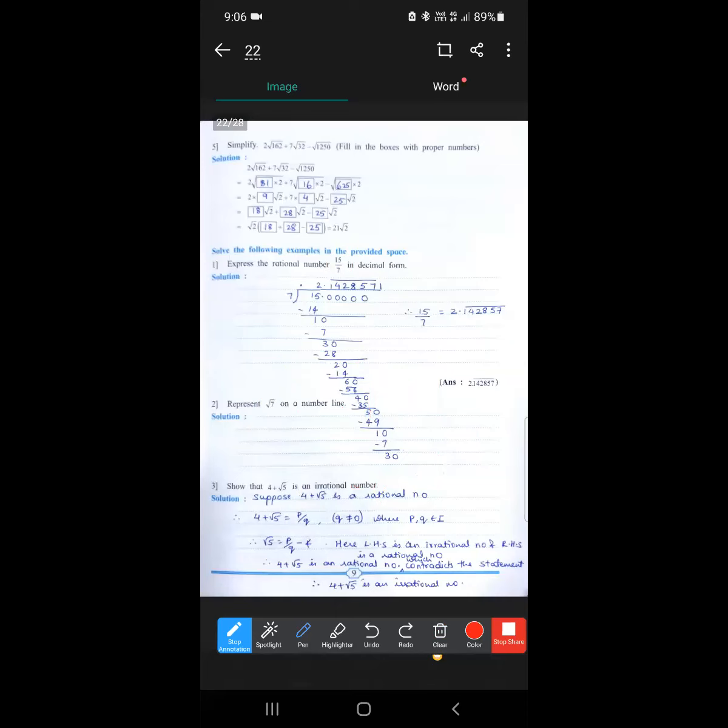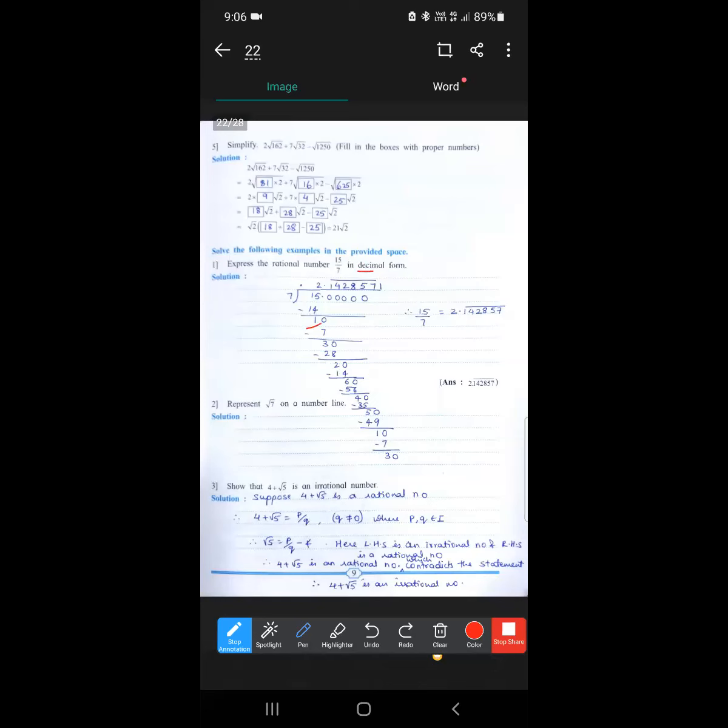Here you can see 7, it's quite lengthy, so I have occupied the space of question number 2. So 15 divided by 7, a normal division. Here 15 minus 14 is 1.